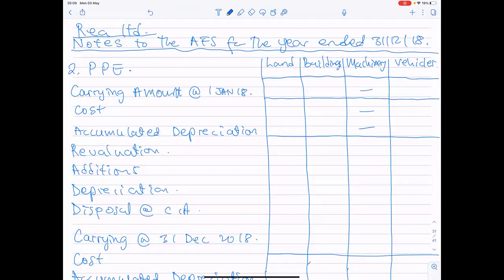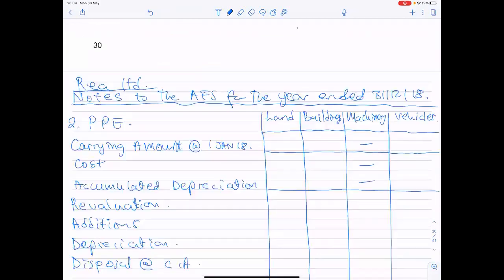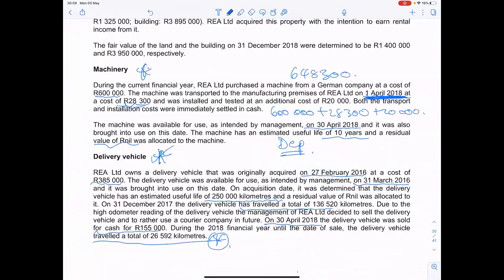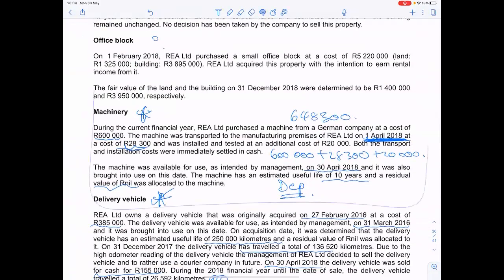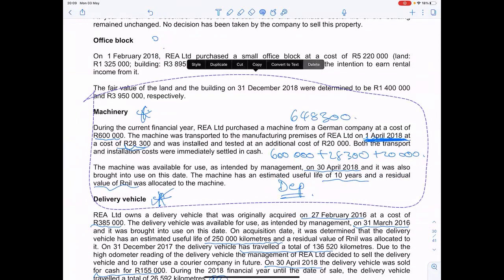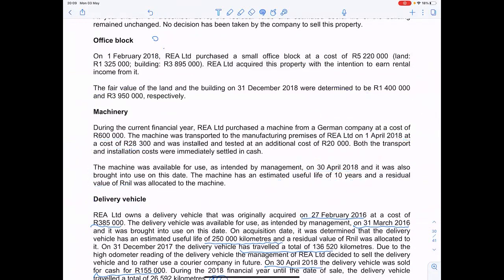Nothing. Then we are going to look at the cost of our machinery. The cost of the machinery is the cost of bringing the asset to its present location and usage. So the cost is going to be 600,000 plus the transportation cost of 28,300 plus the testing cost of 20,000.